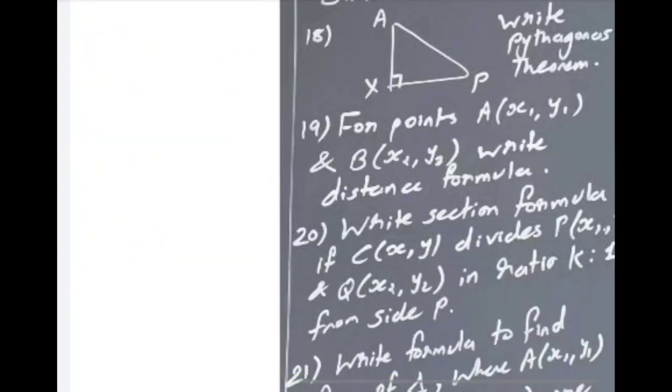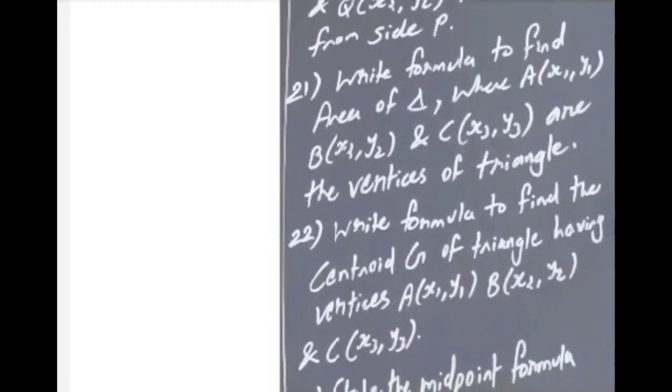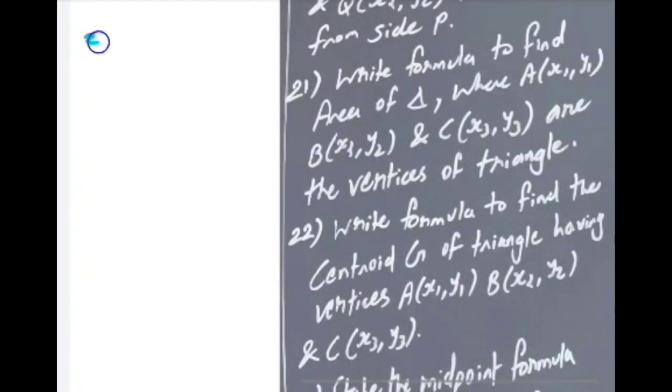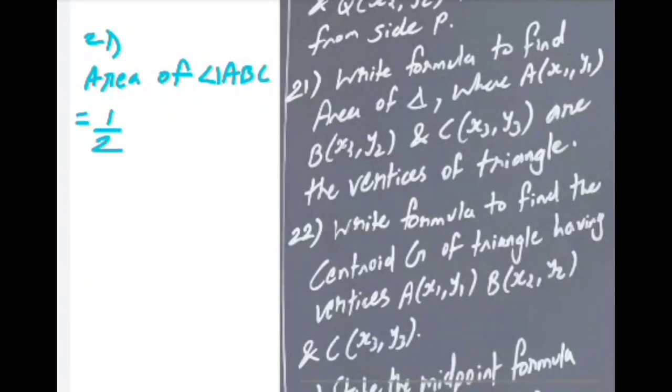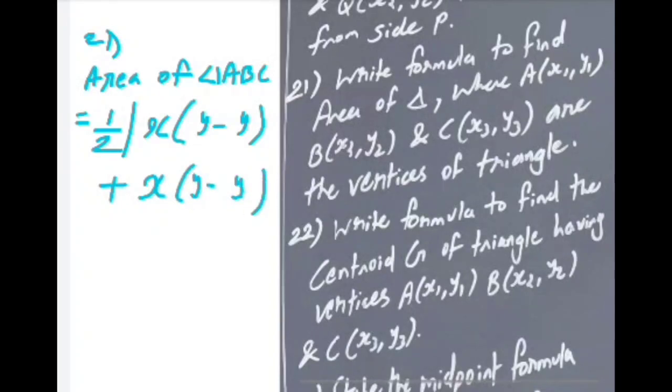Now let's see the 21st question. Write formula to find the area of triangle. Area of triangle ABC when the three coordinates are given, so that is equal to 1/2 mod x1 (y2 minus y3) plus x2 (y3 minus y1) plus x3 (y1 minus y2).